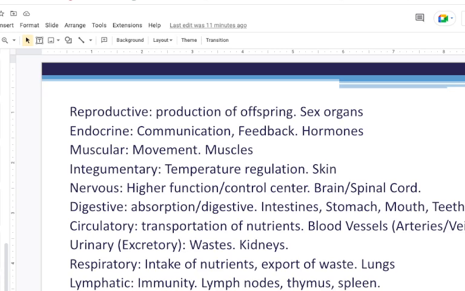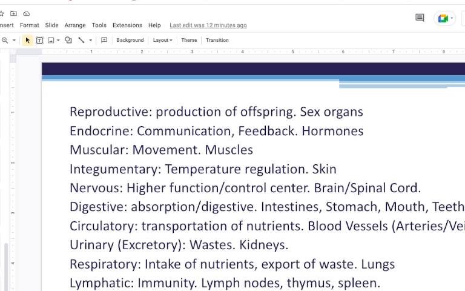Our nervous system has higher function and is our control center for our body, and it consists of our brain and spinal cord. The digestive system has the function of absorption and digestion, and important structures of that include our intestines, stomach, mouth, and teeth, our anus, and our rectum as well. Our circulatory system has the function of transportation of nutrients and consists of our blood vessels, including arteries, veins, and capillaries.